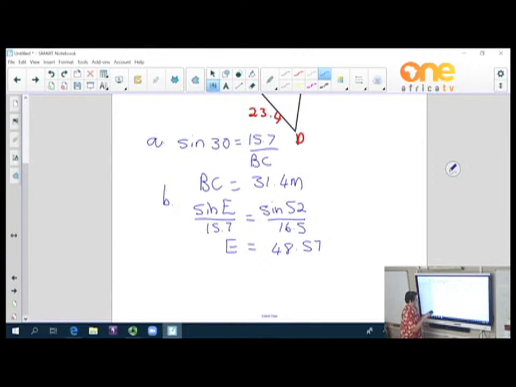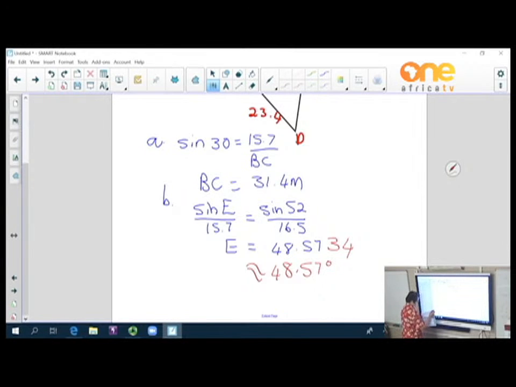That calculator doesn't work like that. 15.7 times sine 52 divided by 16.5, and then second function sine, your answer is, so I got here 48.5734. Because it's a show that question, we have to put that step in, and it's then 48.57 degrees. Then it will round off like that.